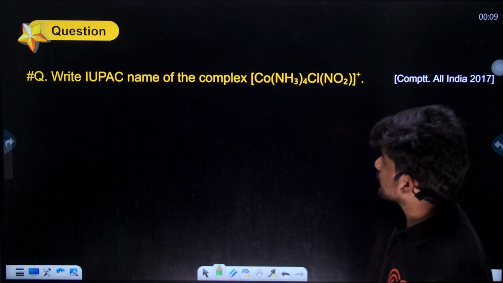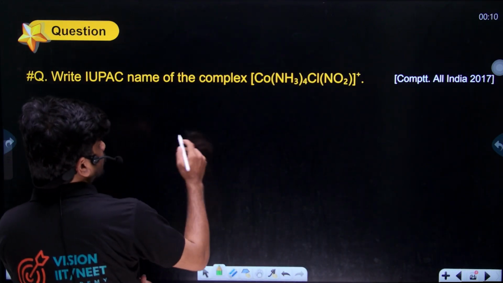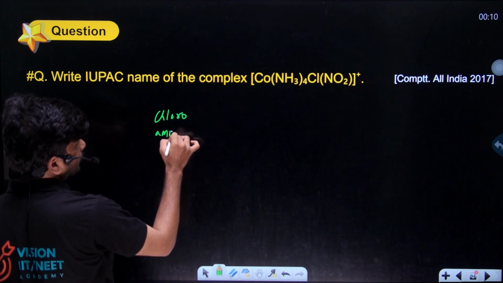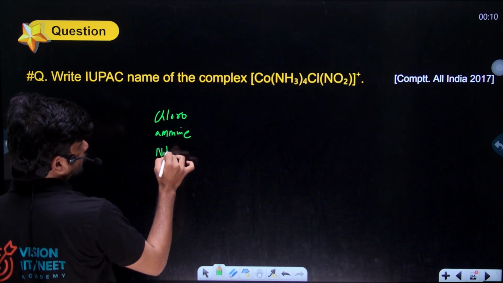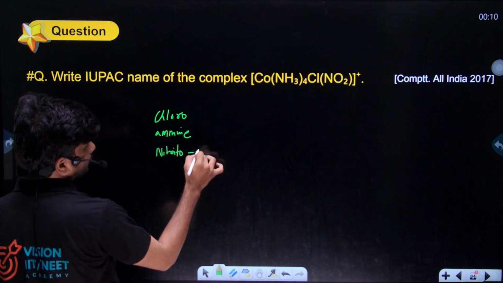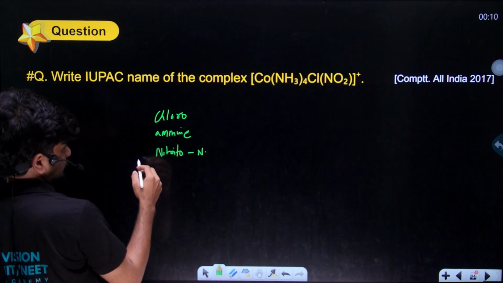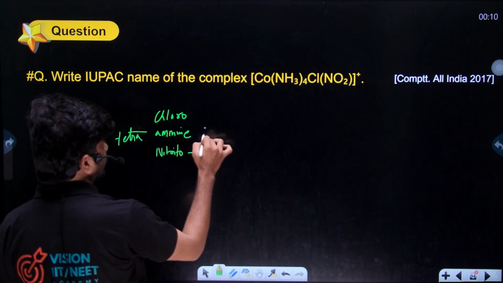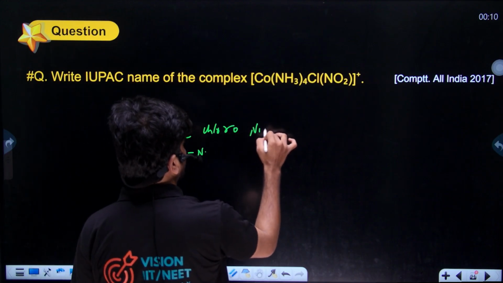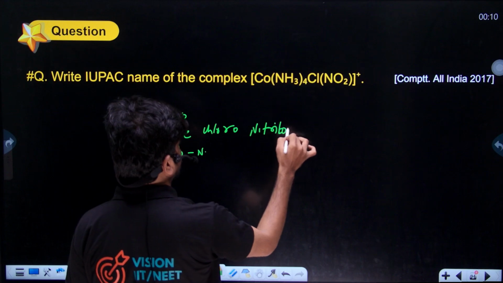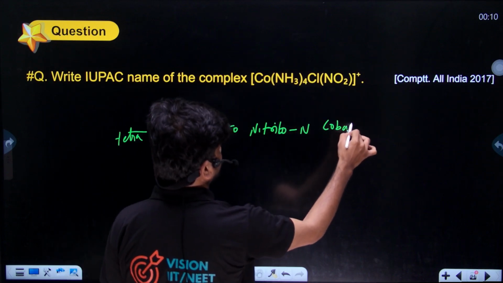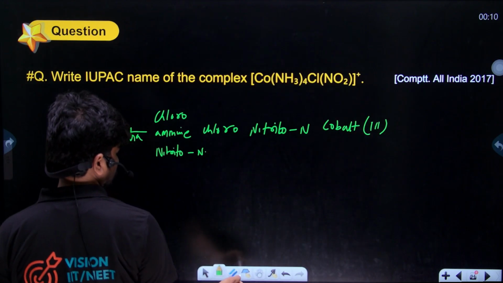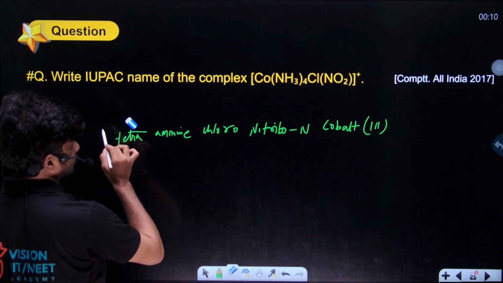IUPAC name of the complex [Co(NH3)4Cl(NO2)]. So you have what you have? This is cationic again, chloro, ammine, nitrito-N. So in alphabetical order, if you see, ammine comes first. So it is tetraammine, chloro, nitrito-N cobalt. So it is 3. So this you erase the ligand part. Okay.